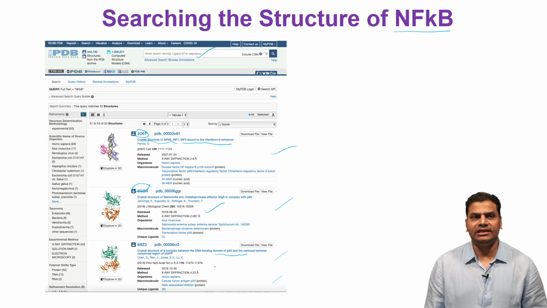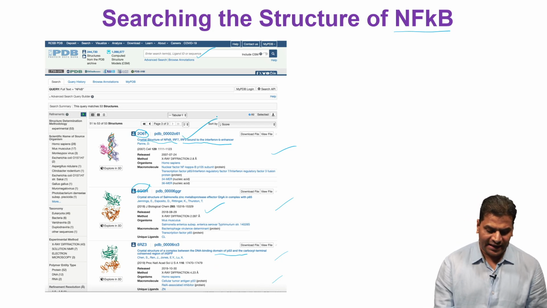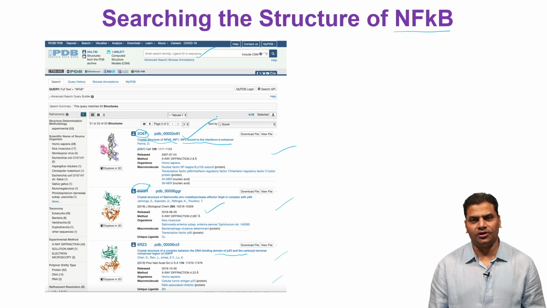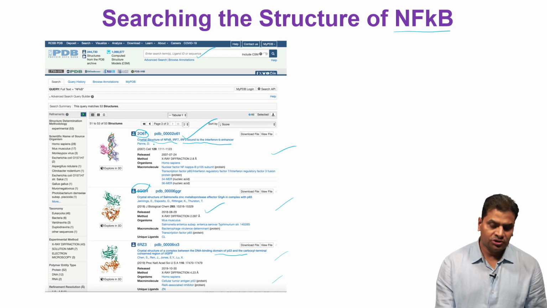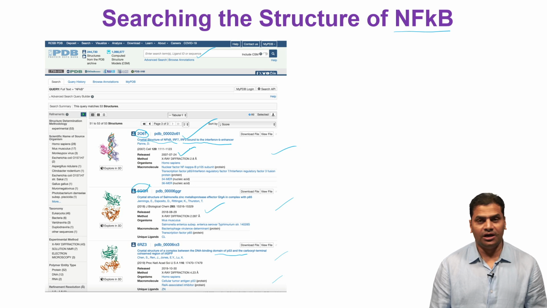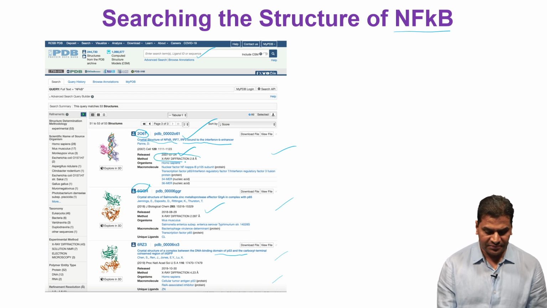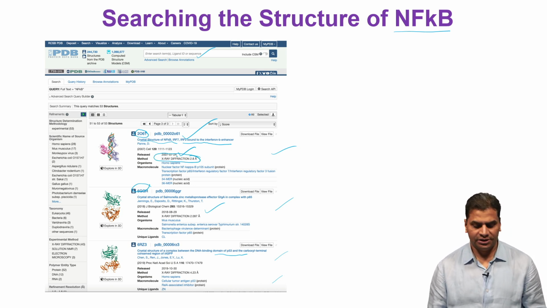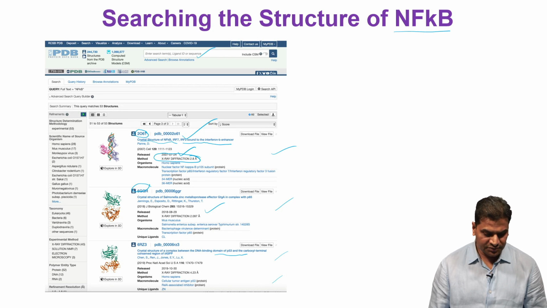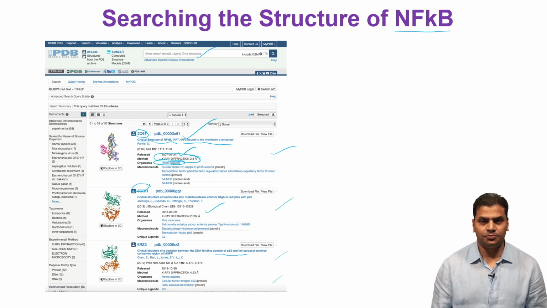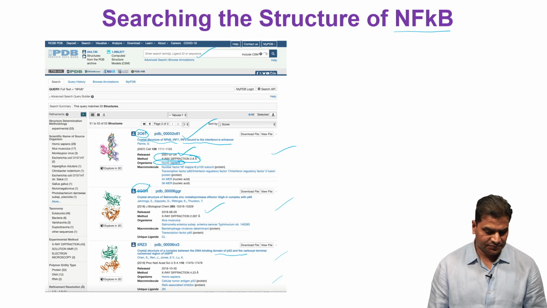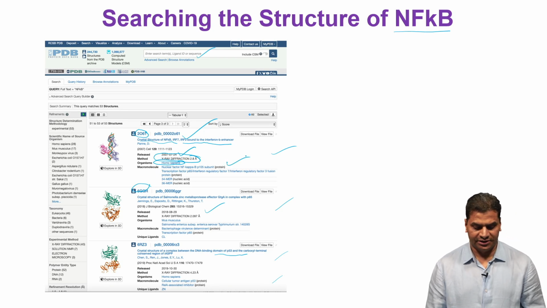You can click on any of them and get further information about that submission. It also tells when it was released, through which method the structure was obtained, from which organism this protein might have been purified, and which macromolecule we are talking about.